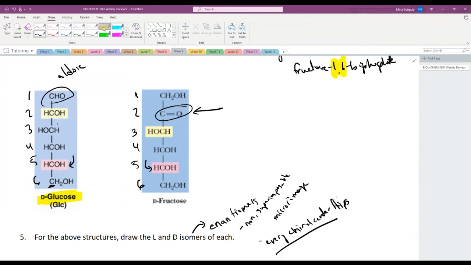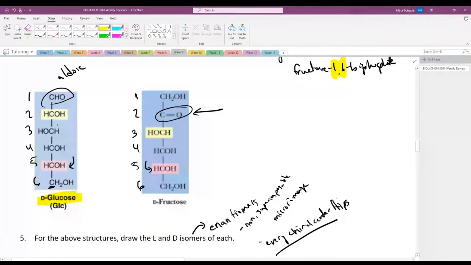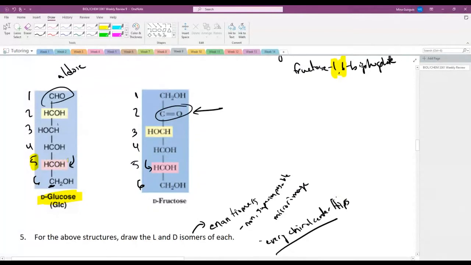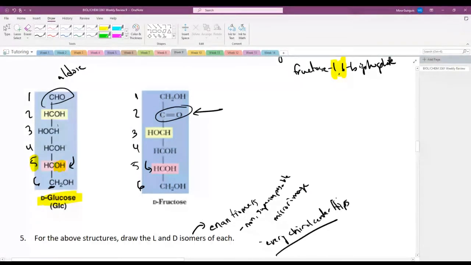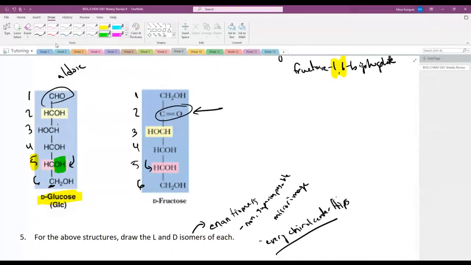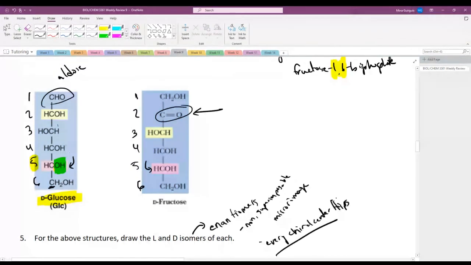All right, so we go up 1, and we look at carbon number 5. It is carbon number 5, which is why it's highlighted in that pinkish color. Is it red? Pinkish reddish? I don't know. If the OH is to the right, it's D. I was going to say R and S, I apologize.